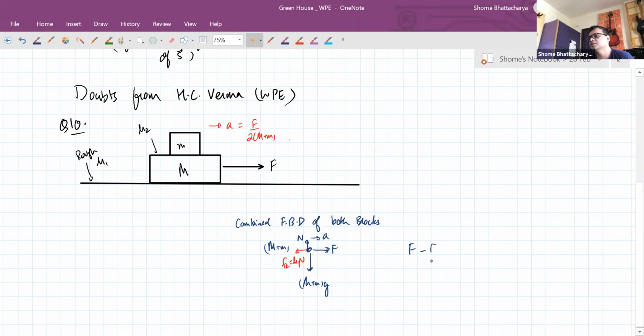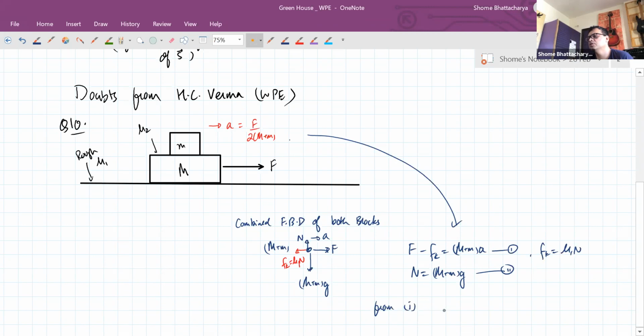So F minus kinetic friction is total mass into acceleration. So substitute this value of acceleration here, where kinetic friction is mu1 into n. So from equation 1, you will get the coefficient of kinetic friction.